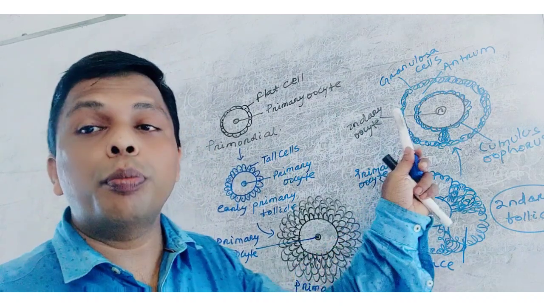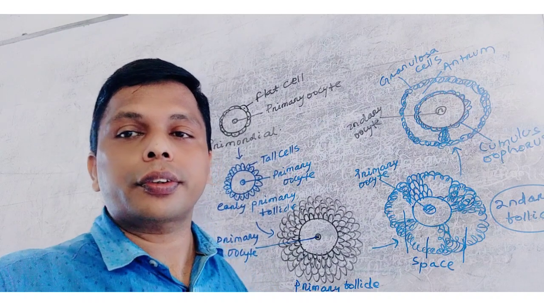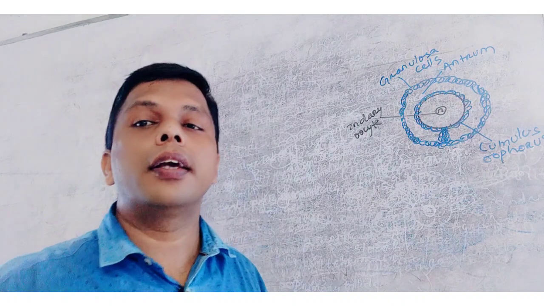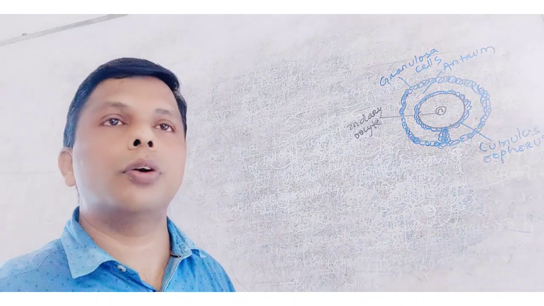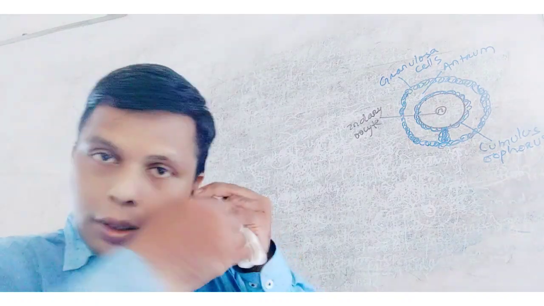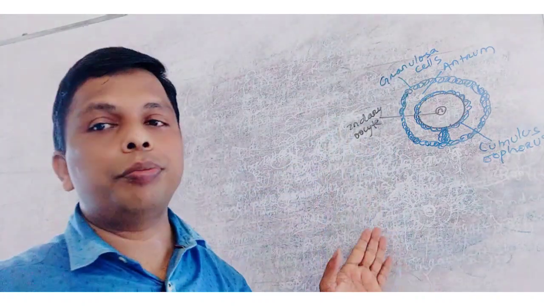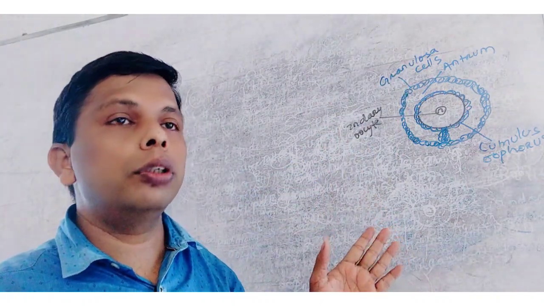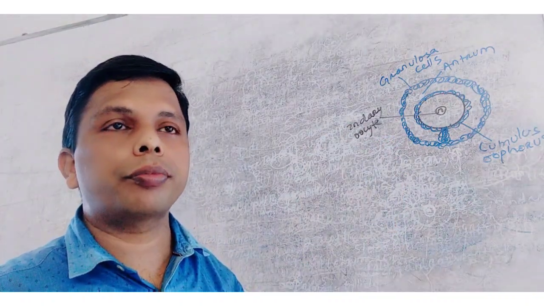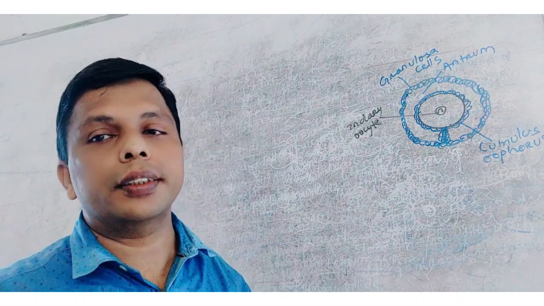This tertiary follicle will produce the Graafian follicle. How? What are the changes that take place? Let's discuss.